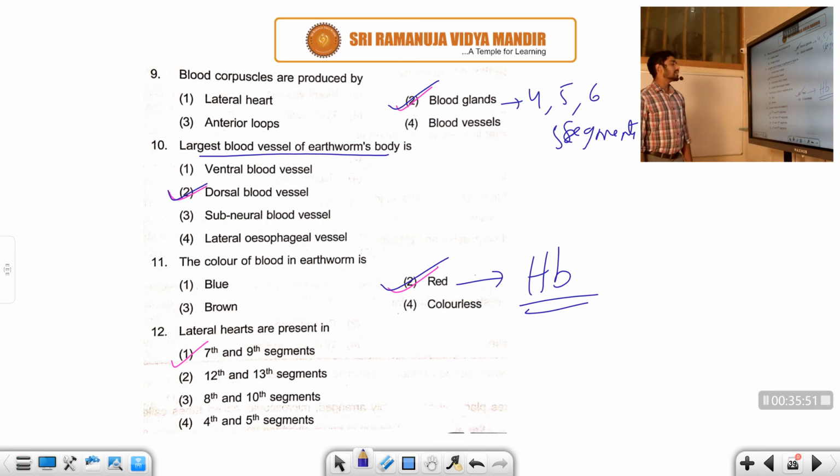Next, lateral hearts are present in the 7th and 9th segments. What about the 12th and 13th segments? That is the lateroesophageal blood vessel.